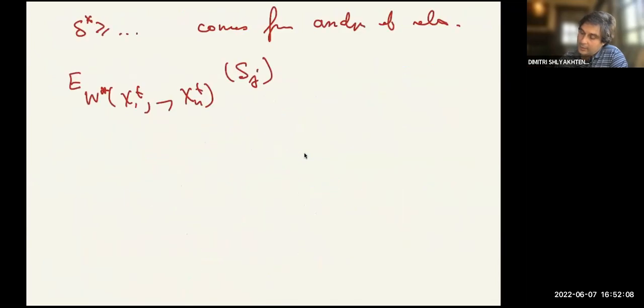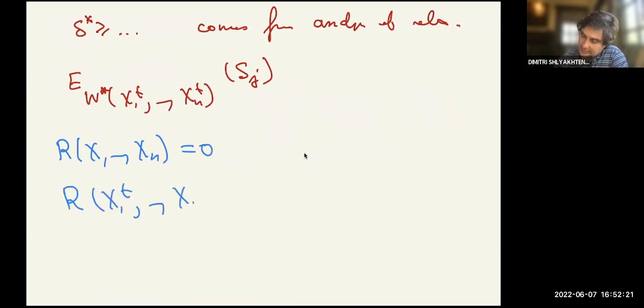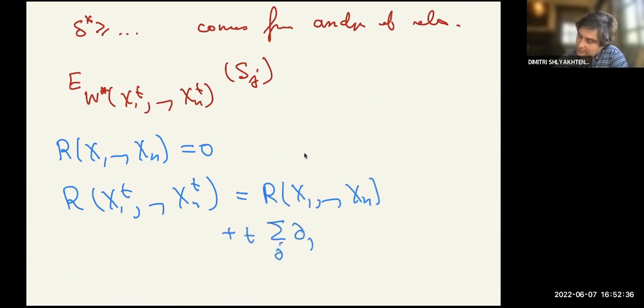And well, how do you estimate this? Well, the idea is that if you have a relation that holds for x1, ..., xn precisely, then if you substitute x1t, ..., xnt, you do a bit like what was done in the previous talk. You write this as a power series expansion in t, and you get the first order power of x1, ..., xn, which is 0, and then you have t, and then the sum of partial derivatives of your R acting, in the sense of the previous talk, on Sj, and then you have higher order terms.